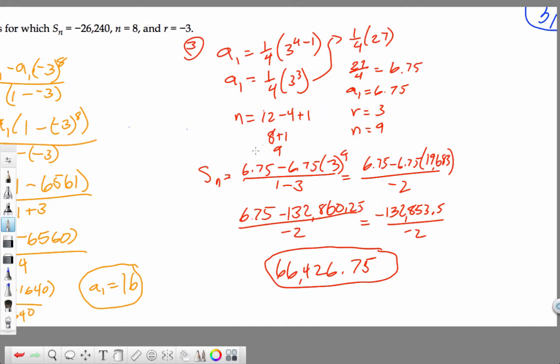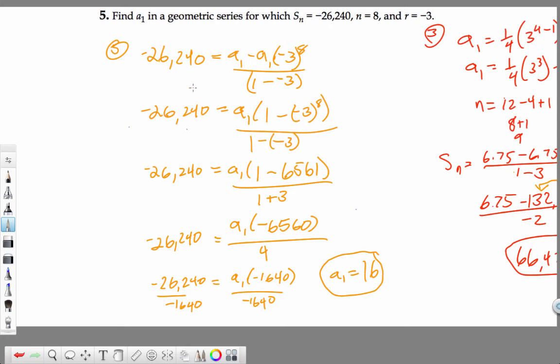So when I go ahead and plug that in, I have my work here going this way, and then coming back here, and your answer should be 66,426. And the last one, this is one where you got to keep all your signs in order. I have the SN on the left side.